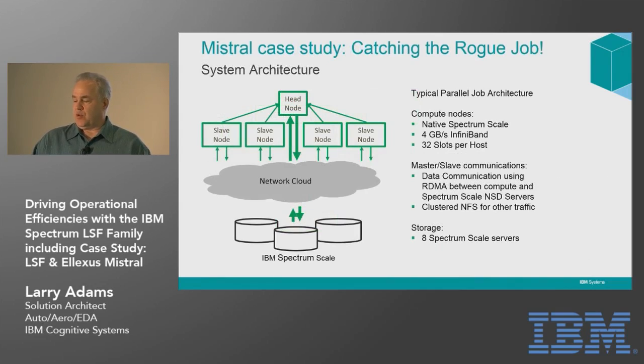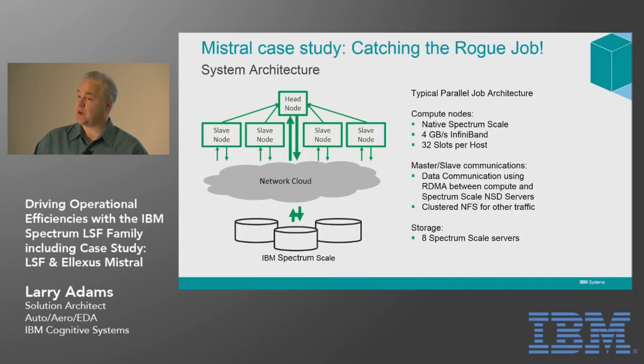So we have a couple use cases, and the one that Ellexus likes to present is catching the rogue job. So here we have a parallel application, right? So you have a head node and you have slave nodes, and in this particular customer scenario, this is an actual customer scenario where the customer's been removed.